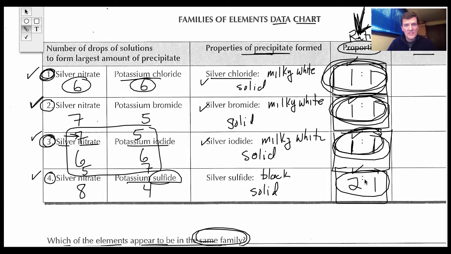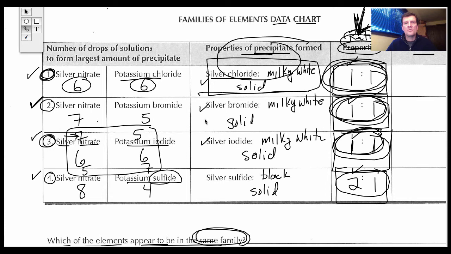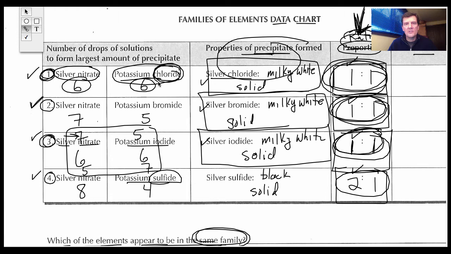So what does that mean? Just from the color of the precipitate and the ratio that is the best product, you should notice that the first 3 here are all very similar. Silver nitrate is combined with potassium chloride. Notice the chloride here.